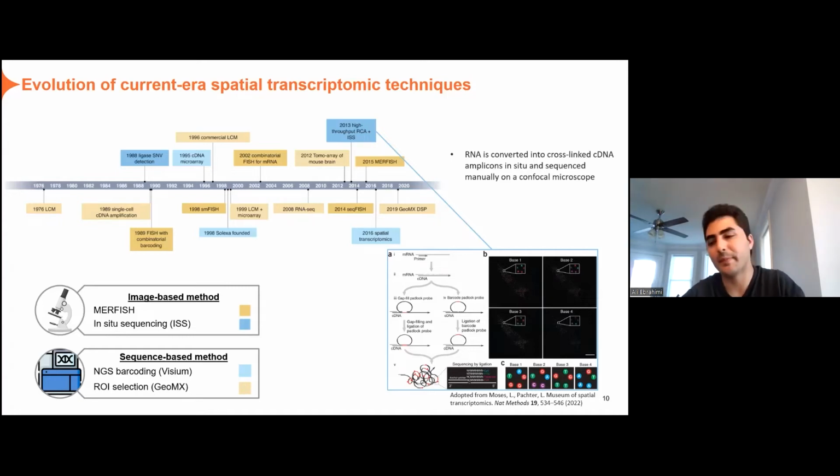So you can identify SNPs and variants. You can align that sequence to the genome of the species that you are interested in, and then you can look for novel isoforms that might be expressed within your tissue.